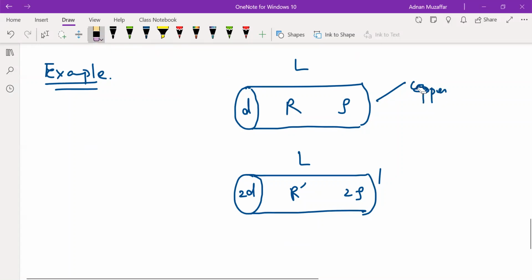So can someone calculate R prime and give me the answer? At least you should try. In this case, how can you do this? Obviously, you can do it only with the help of the formula now. You cannot do it directly.